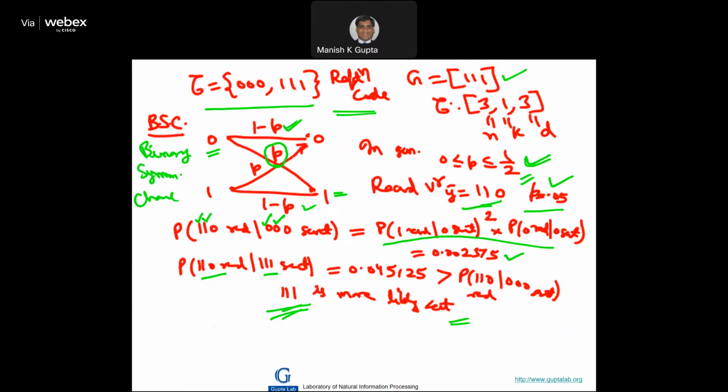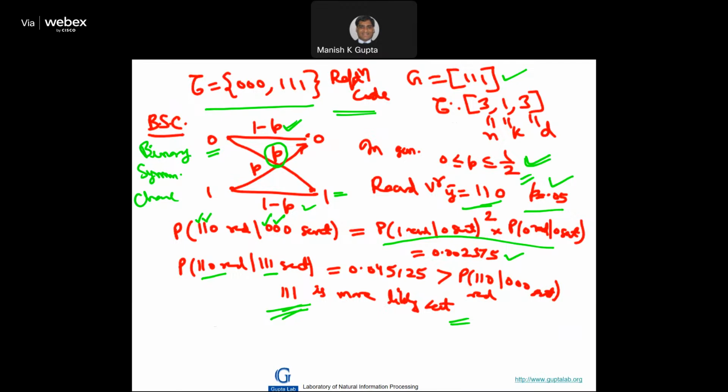And if you send 0 and receive 0, the probability is 1 minus p. Similarly, if you send 1 and you receive 1. So this is the binary symmetric channel, a very popular channel. Now, in this channel, by just computing the probabilities, you can see how this repetition code is useful for error correction.